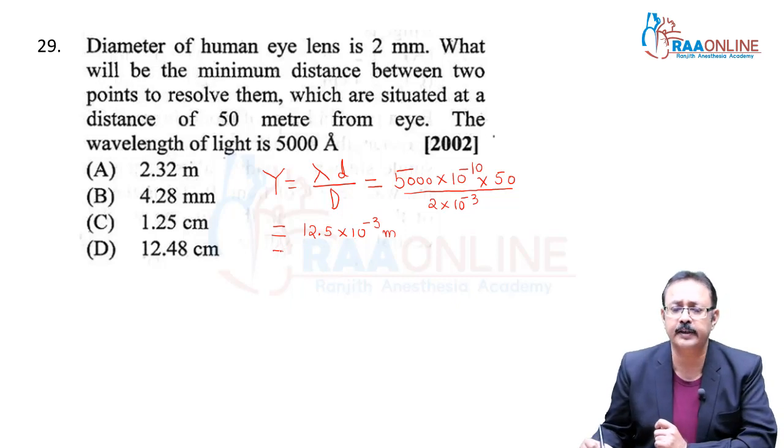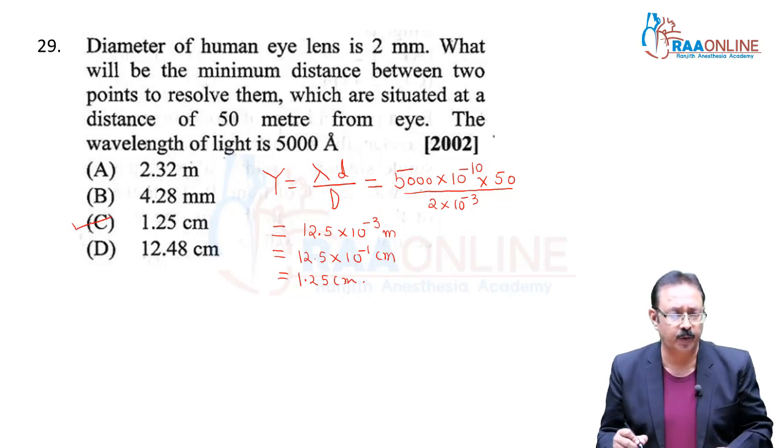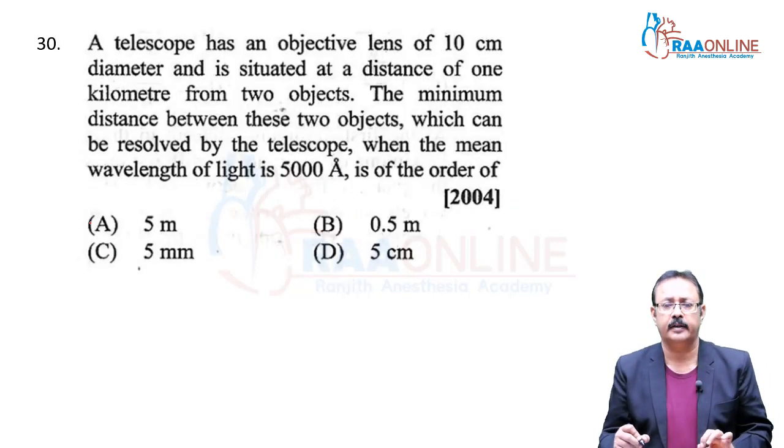But if you solve in centimeter, multiply by 100, what will you get? You will get in centimeter 10 to the power minus 1, means in centimeter it will be 1.25 centimeter. So we will go with C option. So the 29th was the C option.